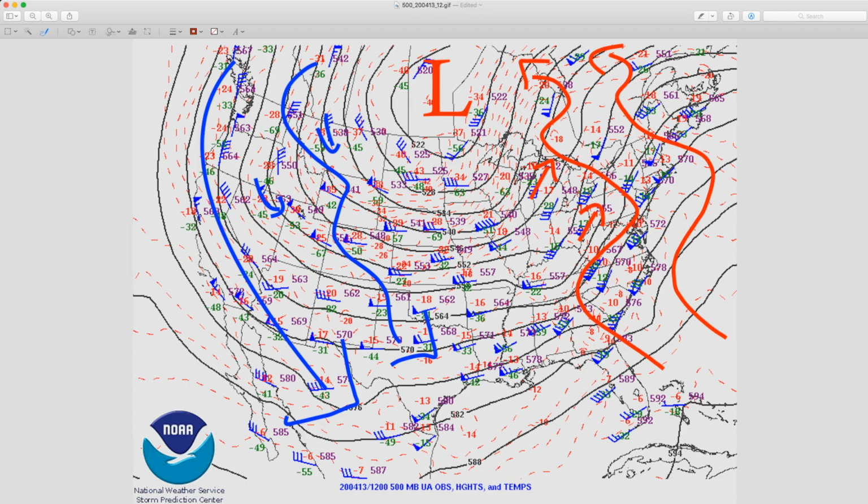So now we want to delineate what this pattern is. And this pattern is called a trough. And a trough is a line separating our northerly winds and our southerly winds, without going into too much detail. Basically, all I want you to do here is draw a line like that. Usually it's a black line and it's a dotted line.